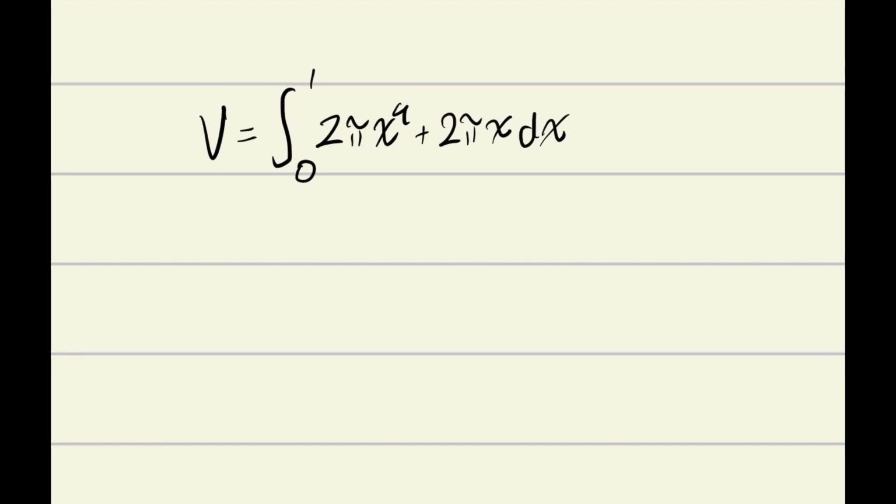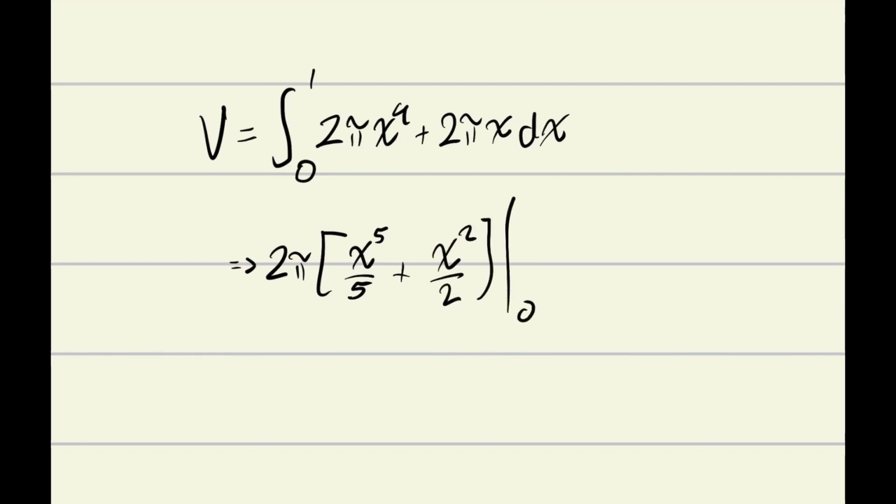and we can go ahead and find the antiderivative of this, and we'll actually pull these 2 pi's out front. So it'd be 2 pi times the antiderivative of x to the fourth, which is x to the fifth over 5, plus the antiderivative of x, which is x squared over 2, from 0 to 1.